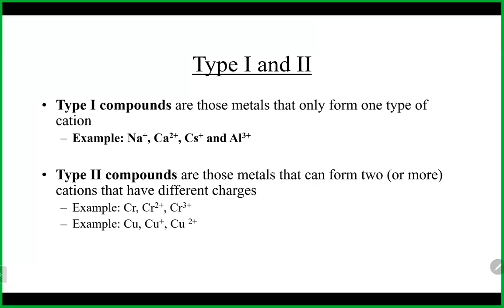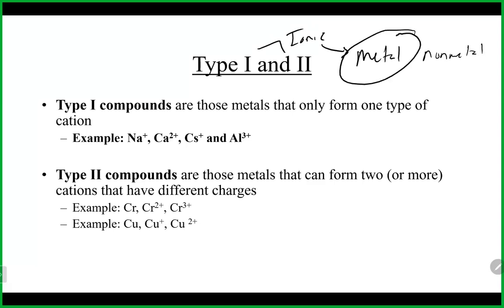Both are ionic compounds, which means we have a metal and a non-metal. One of the main things you should always remember when thinking about naming is that if there is a metal involved anywhere, that is the most important thing to look at. That's what's going to determine how you name something.